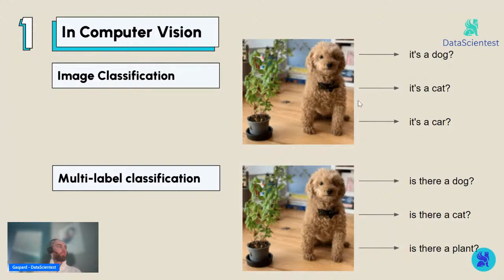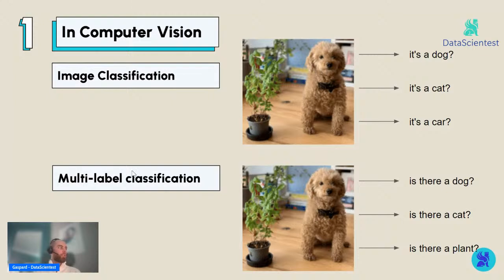Here we have an image of a dog with a plant. Classification should just answer one of these types of questions: is it a dog? Is it a cat? Is it a car? Basically just classify the image. The other type is multi-label classification.